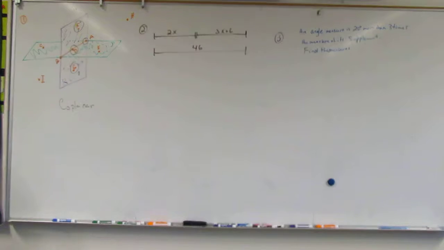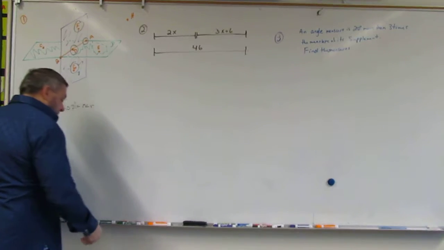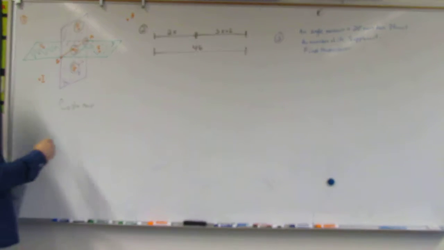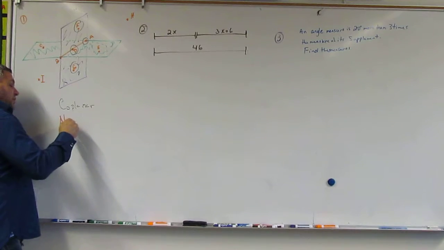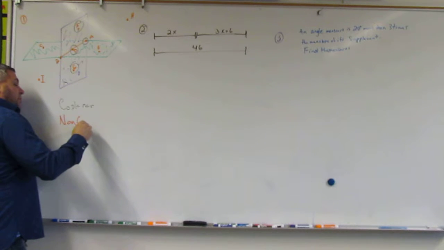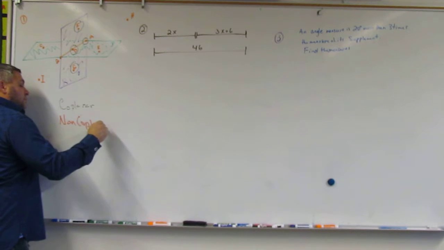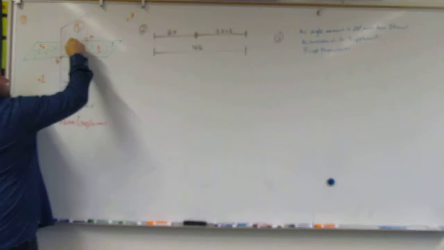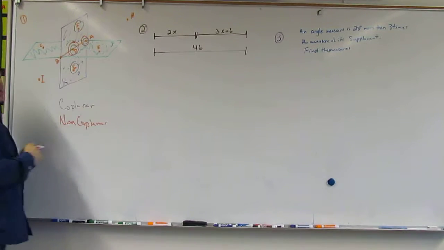Now, to give you an example of what something might be on the test, they might say non-coplanar, right? Hint, hint, nudge, nudge. So non-coplanar would be 3 points. So I could still use these, right?